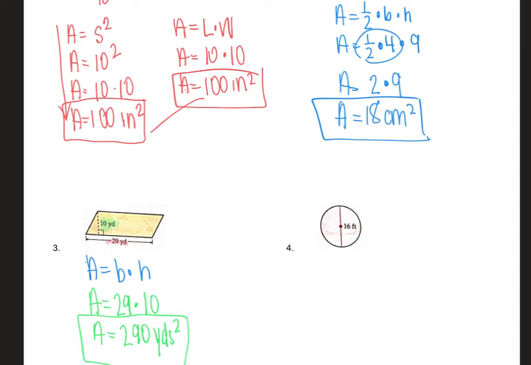All right, number 4, I have a circle. Now, notice, unlike the perimeter, or the circumference as they call it, of a circle, you cannot use the diameter for area.